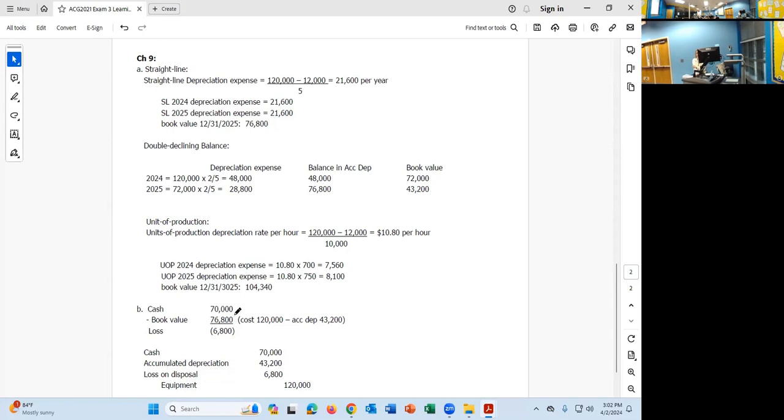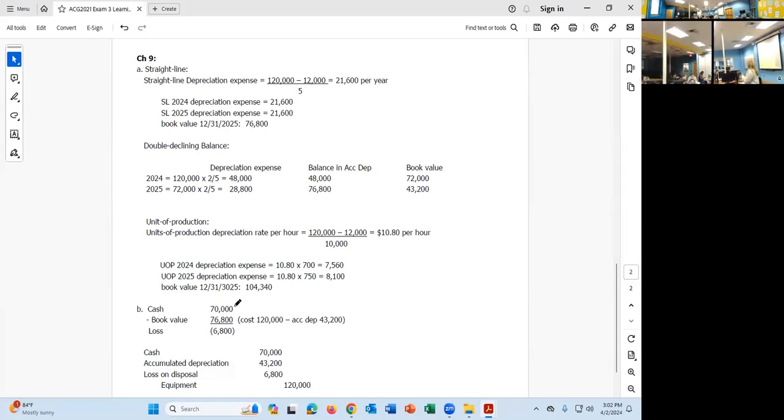Well, if we've got a book value of $76,800, but we only sold it for $70,000, in that case, we sold it for a loss because the cash we received wasn't enough to cover the book value of that asset that we have to remove. If we had sold it for more than the book value, we call that a gain. And gains and losses work just like revenues and expenses. So gain, like a revenue, will always be recorded with a credit.